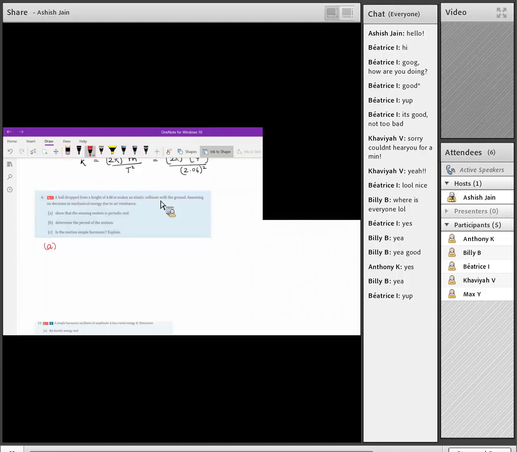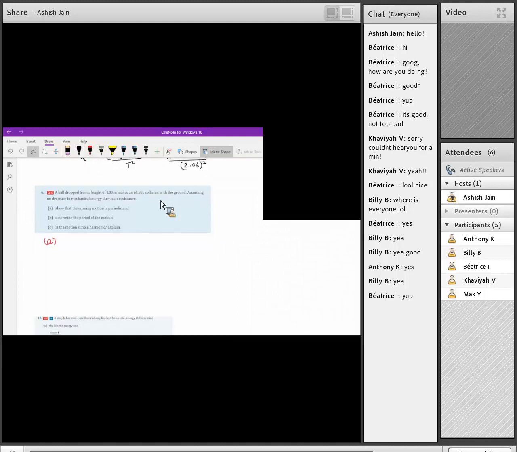Let me highlight the main point. The collision is elastic. What does that mean?